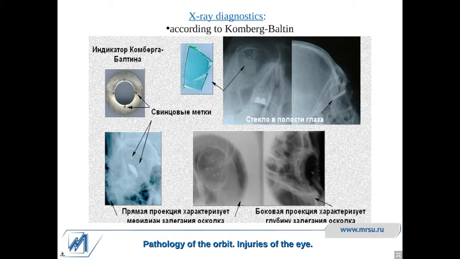Here on the picture you see the results of X-ray diagnostics according to Comberg-Baldin. On the left part of the picture you see the Comberg-Baldin aluminum prosthesis with specific X-ray positive points, and we need to put this prosthesis on the eye.